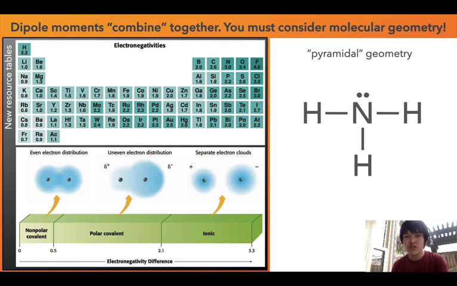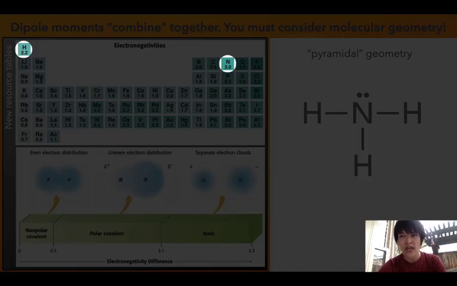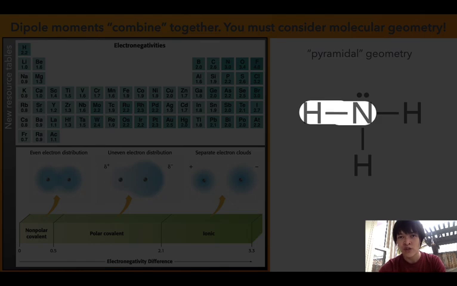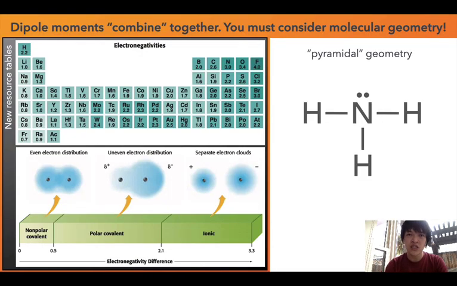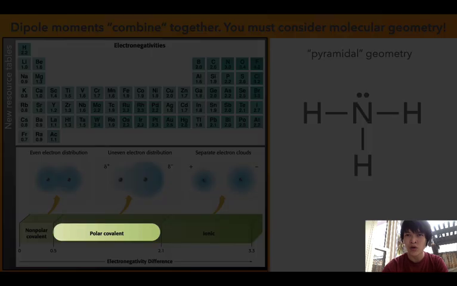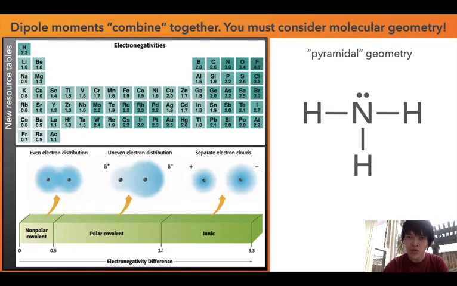This is nitrogen trihydride, which has a pyramidal shape. If you calculate the electronegativity difference between nitrogen and hydrogen for this bond, you'll get an electronegativity difference value of 0.8. Now 0.8 will be considered polar covalent again, which means that there will be an uneven electron distribution.